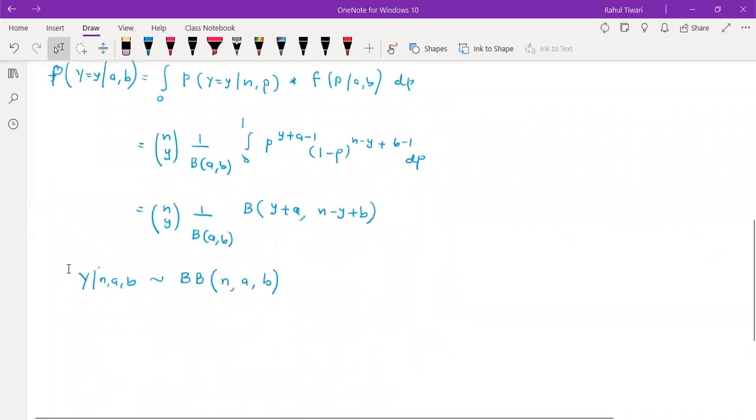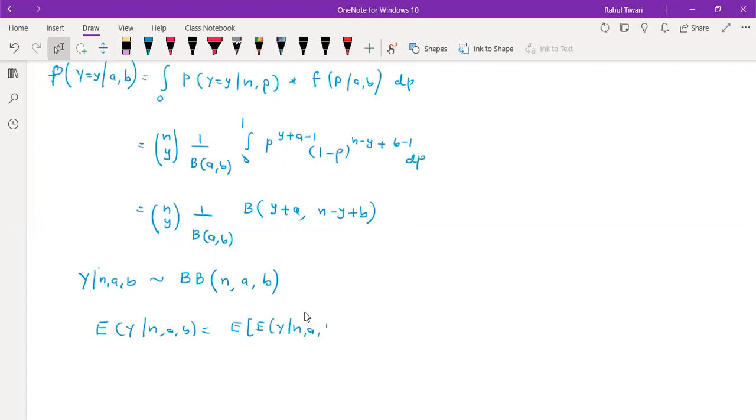Now, once you know the distribution of any PDF, one can get their mean, one can get their variance. That is very easy. So it is the expected value of y given n, a, b, which is simply a conditional expectation: expected value of y given n, a, b, p.